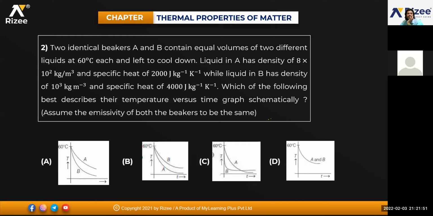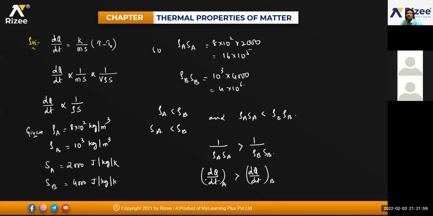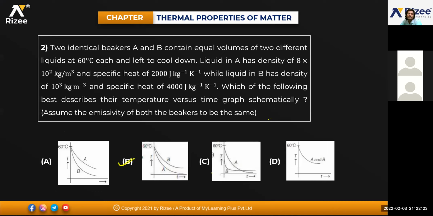So which option can I write? Option B, sir. The rate of cooling of A is greater than the rate of cooling of B. So I can write the point here so you will get clarity: graph of B lies above A. So which option? Second option. More rate of cooling is for A compared to B.